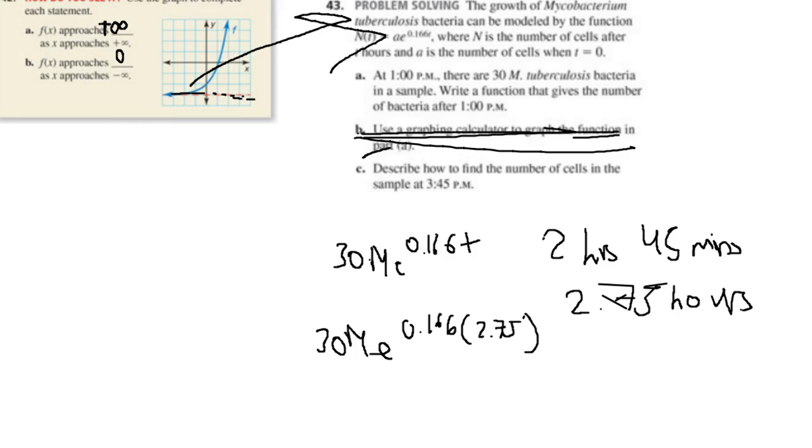So 30 million multiplied by e to the power of that answer will give you 47,356,182. And that is the answer.